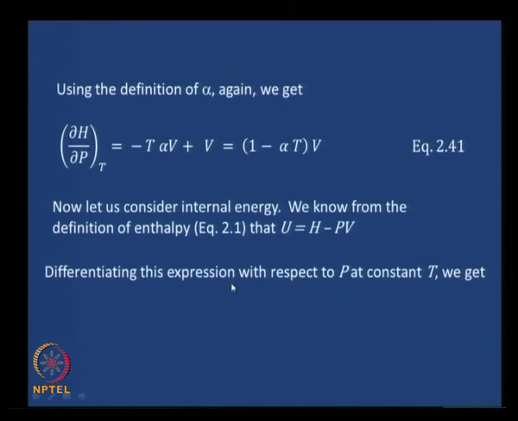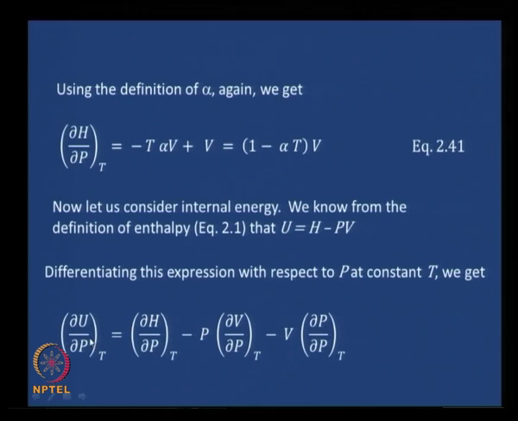Now if you differentiate this expression with respect to P at constant T, note that we are looking for ∂U/∂P at constant T. ∂U/∂P at constant T equals ∂H/∂P at constant T minus, by the chain rule, P ∂V/∂P at constant T minus V ∂P/∂P at constant T: first function into derivative of the second function plus the second function into derivative of the first function. Of course there is a minus here. All this is done at constant T.